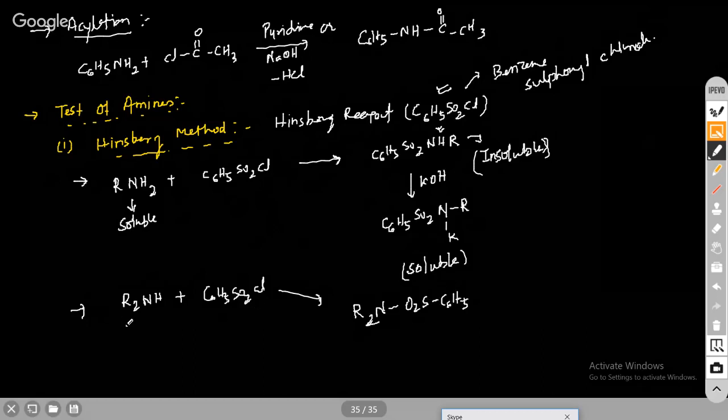This is insoluble, and when you put it into any alkali solution, suppose KOH, since this N does not contain any hydrogen here, this does not give any reaction. No reaction here. It confirms the presence of secondary amines. Understood?